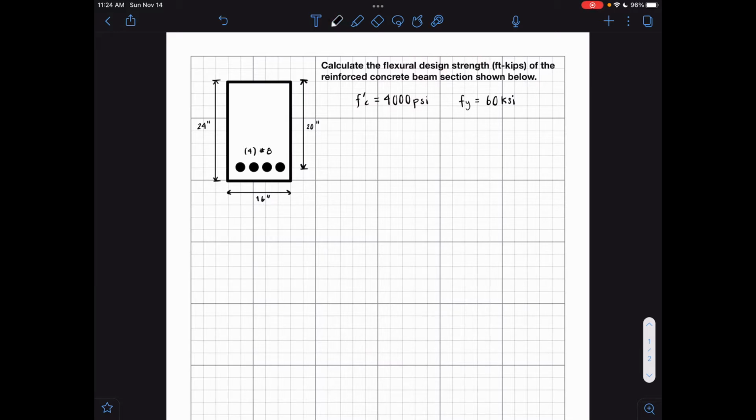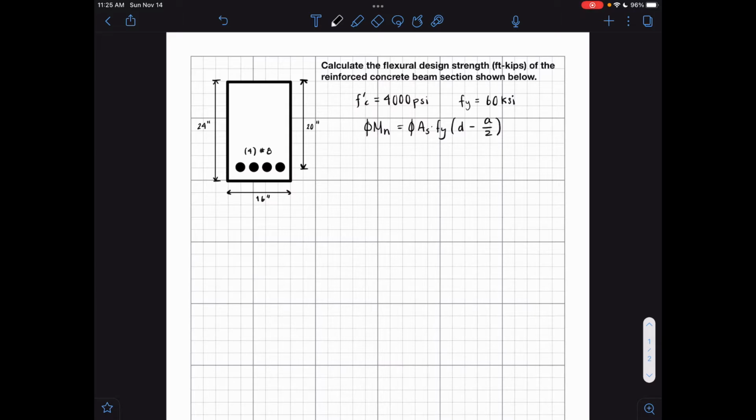When you think of the term design flexural strength, you want to think about this formula here: phi Mn is equal to phi times As times fy times (d minus a over 2). This is the formula for finding design flexural strength. Okay, so let's get started.